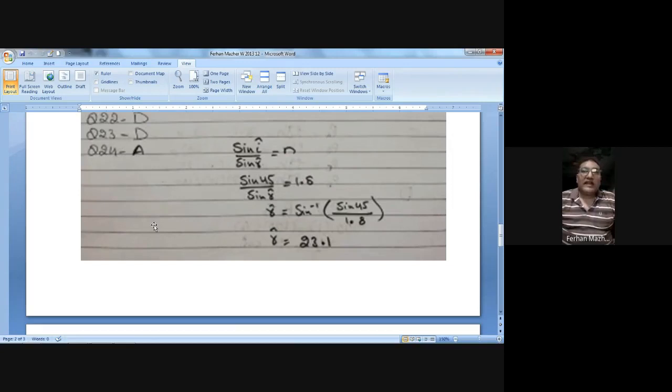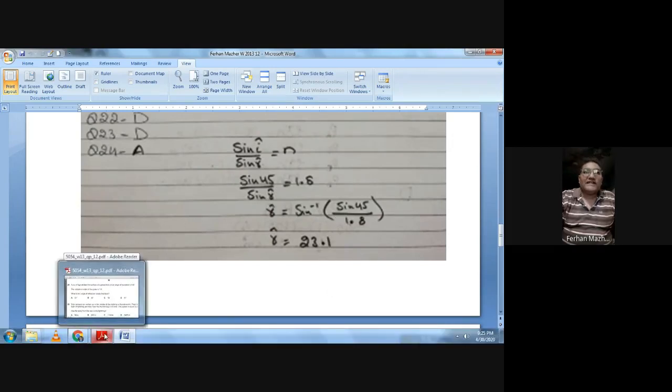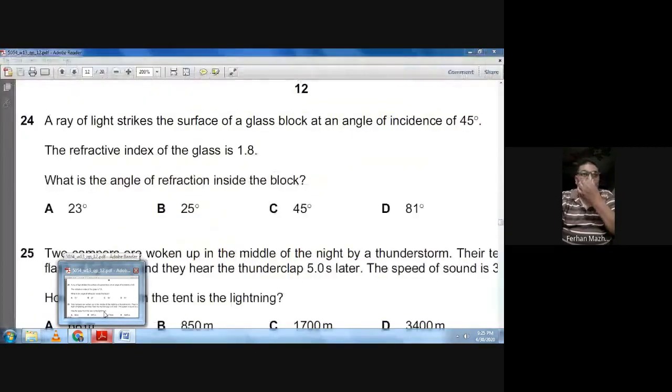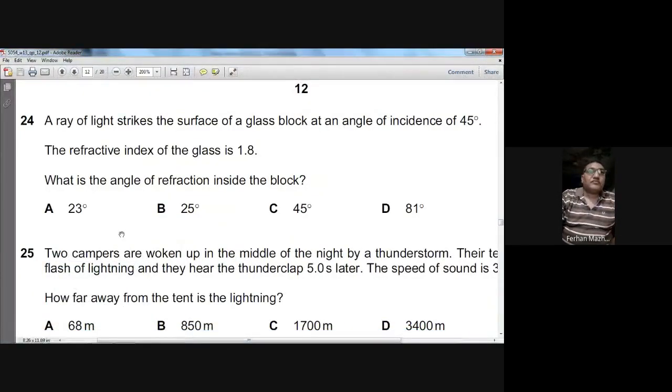Get that value and take sine inverse of this. You will get the answer 23.1. So A is the option for question number 24. We need a scientific calculator to do this calculation. I hope you know how to find sine and sine inverse on a calculator. So A is the option.